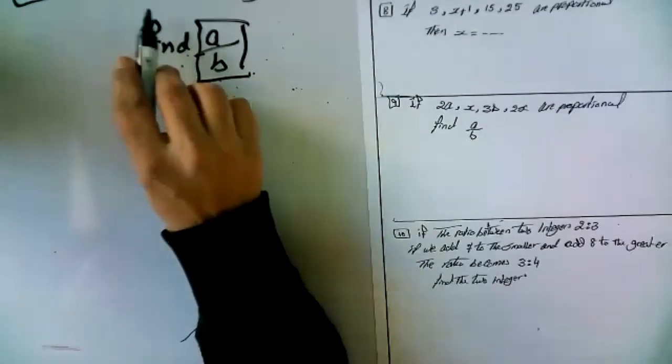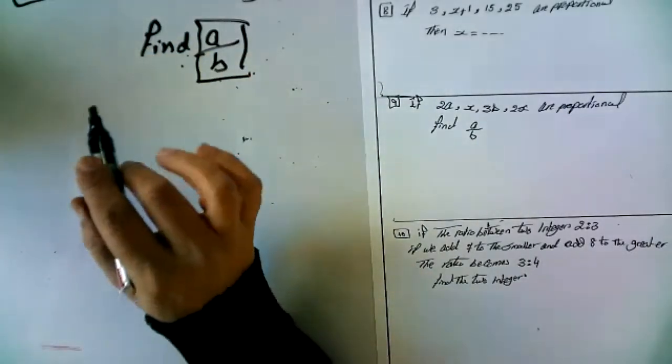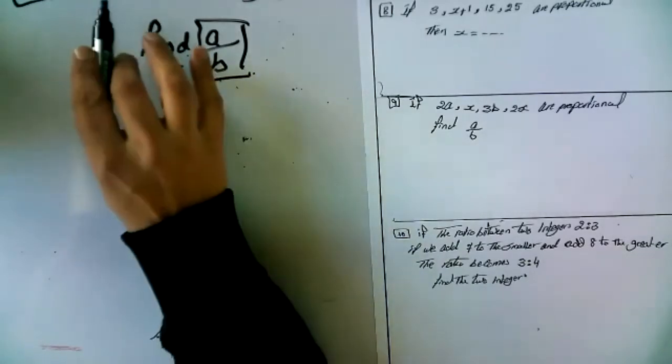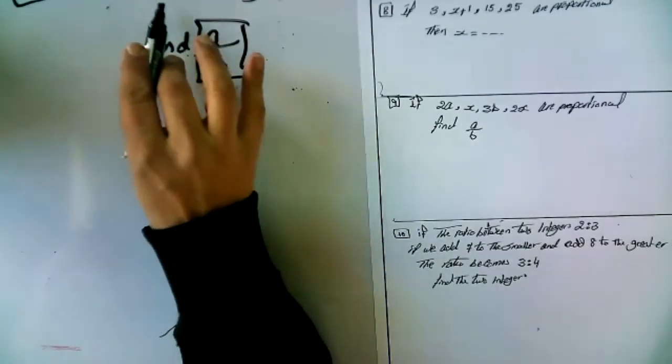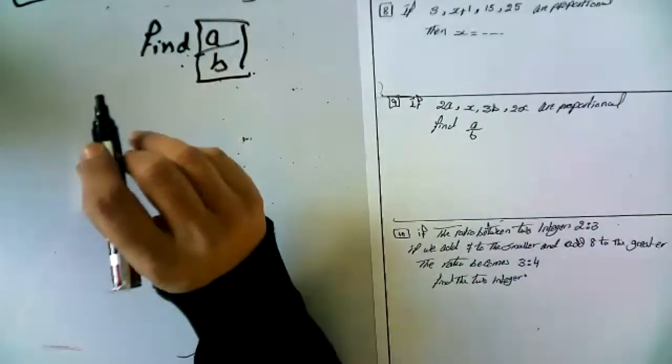You know that 2a, x, 3b, 2x are 4 proportional quantities, meaning the first proportion is 2a, the second is x, the third 3b, the fourth 2x.